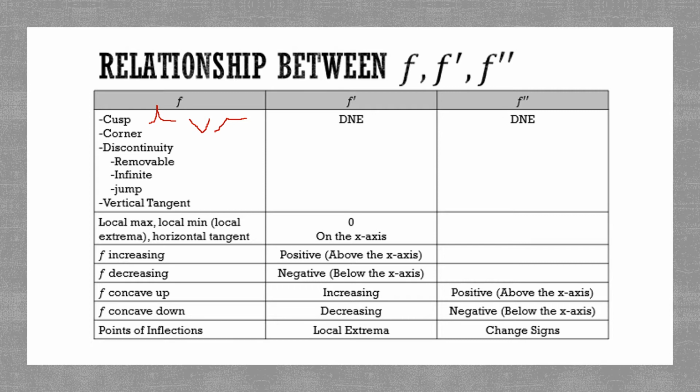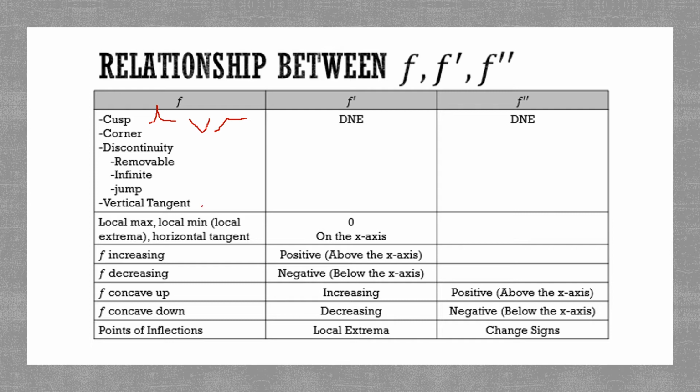It's not curved. It's a point where you can't find a derivative. That minimum doesn't have a derivative of 0 because it's got a negative slope and a positive slope. It's not flat anywhere. You know what these discontinuities look like. A vertical tangent is where in the middle of your curve you have a section that's completely vertical, and you know that the slope doesn't exist at a vertical line.